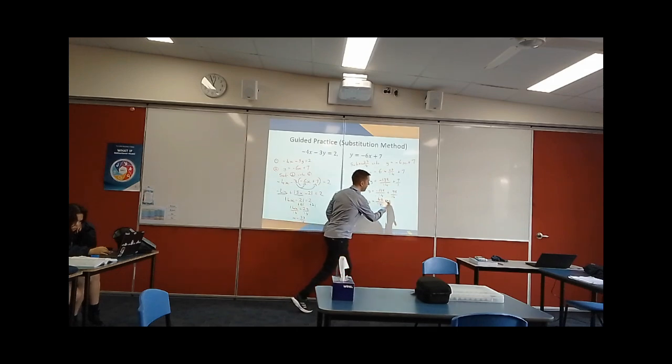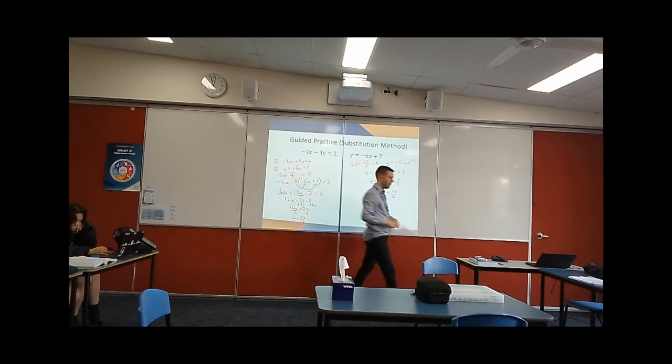Final step is simplifying. They both have a common factor of 2. So I'm going 40 divided by 2 is 20. 14 divided by 2 is 7. So my coordinate is going to be 23 over 14 and 20 over 7.